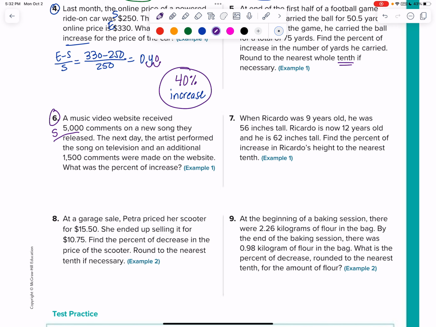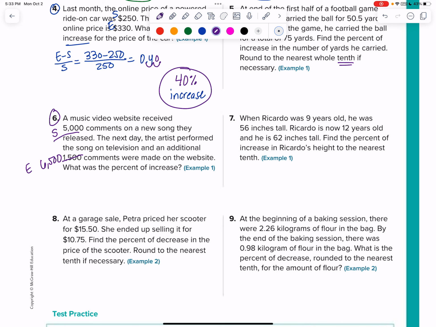There's two things I'm thinking here: did it end at 1,500 comments or did it really end at 6,500 comments? Okay. And so that's something to just be aware of on this one when we're talking about the end. I don't really think the end amount of comments was 1,500. The end amount of comments really was 6,500. Okay. And so we have to be really careful with some things like this when you're thinking about start and end.